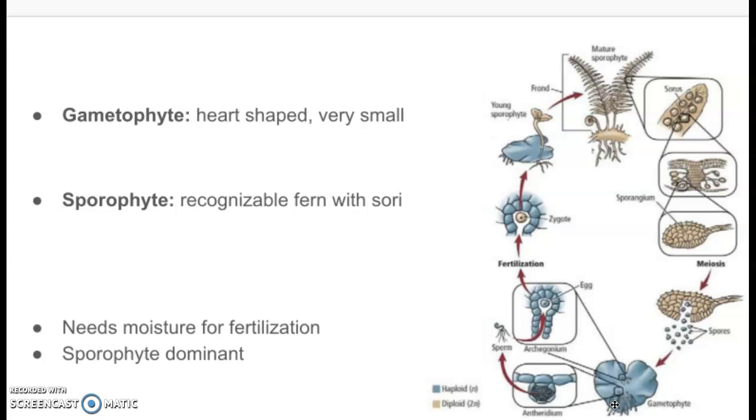Here is where the antheridium is, where it makes a heart-shaped plant. But it's really, really tiny. It's so small that it's 5 millimeters, so you probably wouldn't even see it. But if you have ferns, you can look underneath the ferns.